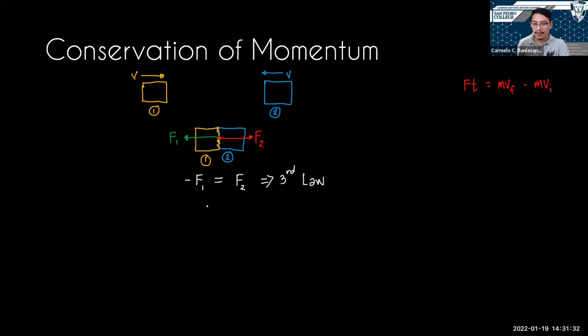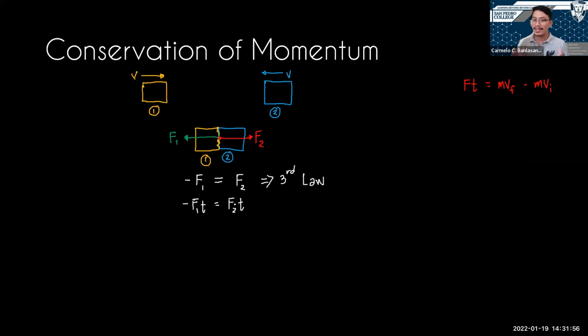Clear? So, during the impact, we know that the time taken during the impact is also the same for both objects, because they both collided at the same time. So the time of impact is the same for both objects. So F1 times time is also equal to F2 times time.